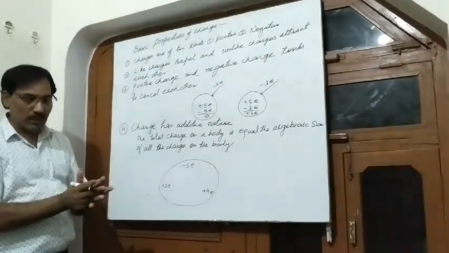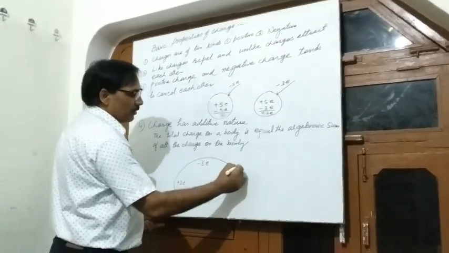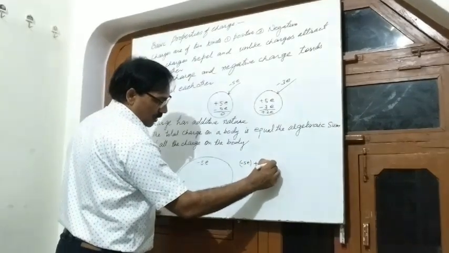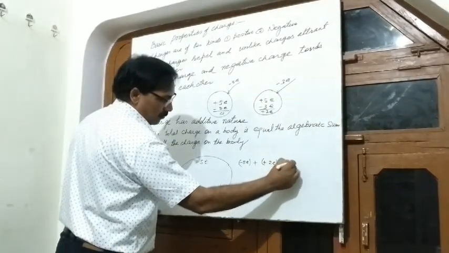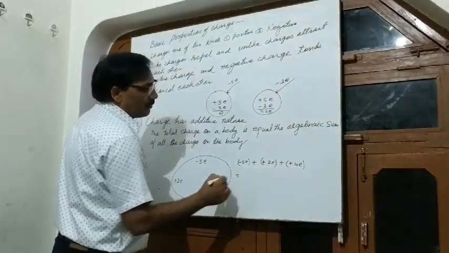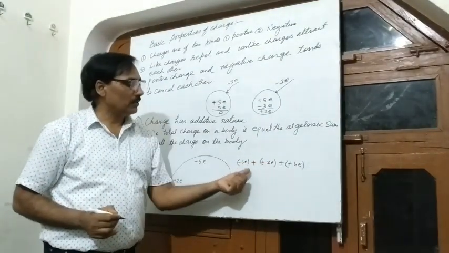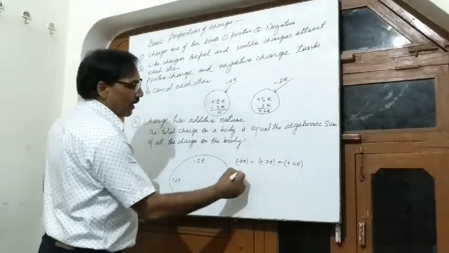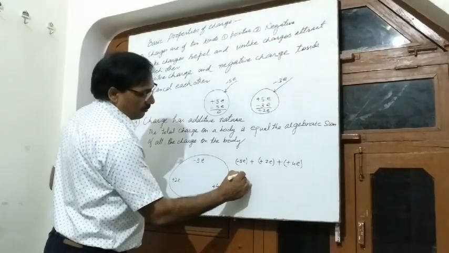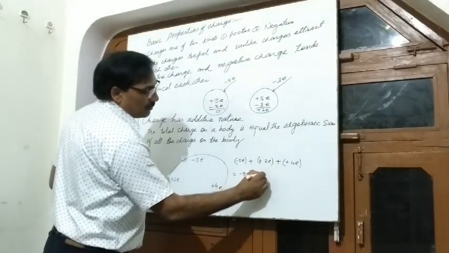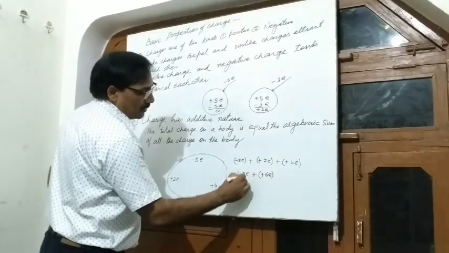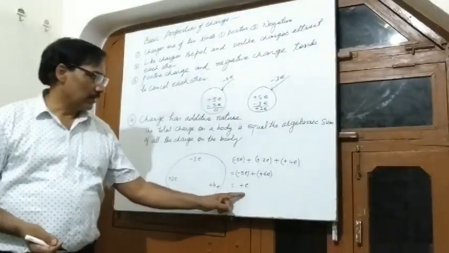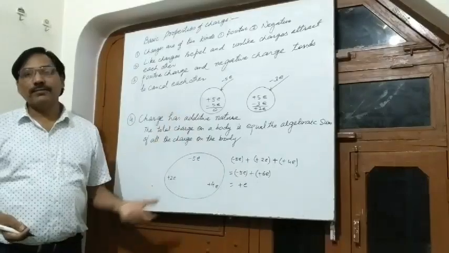Now what is the net charge on the body? The net charge on the body will be minus 5e plus 2e plus 4e. The algebraic sum, we will take the sign in consideration. So the total positive is 4 plus 2, 6, and minus 5. So we will have here minus 5e plus 6e, that is plus e. That is, net charge on the body is plus e.